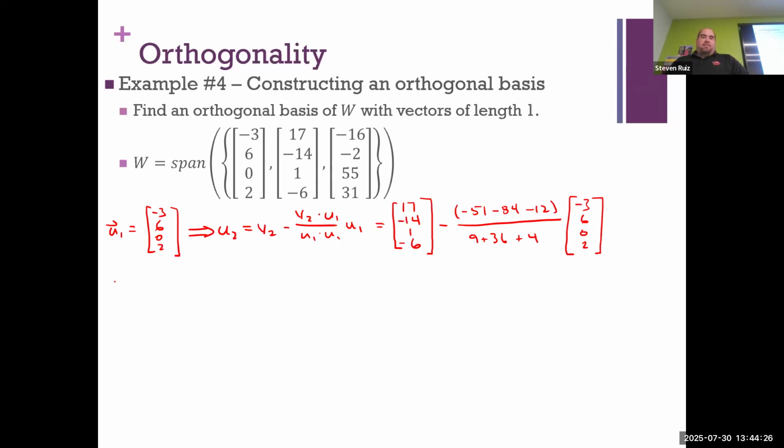I believe that fraction comes out to something. So -135, -147. I believe that's just -3, right? Okay.